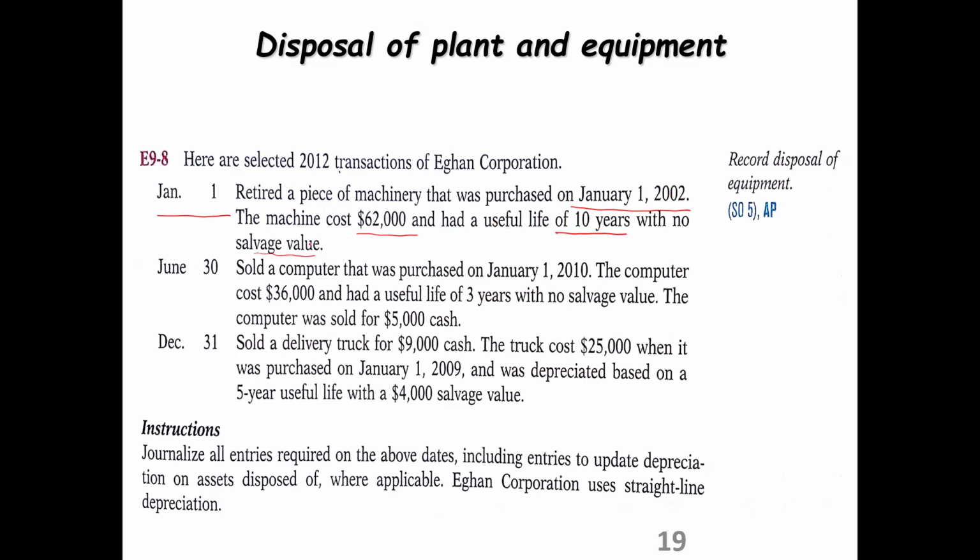Since the asset was purchased in 2002, what do we have to do? It says, journalize all transactions required on the above date, including entries to update depreciation expense, depreciation on asset, and disposal where applicable. And the company uses the straight line depreciation method.